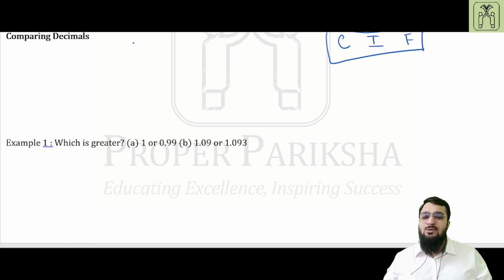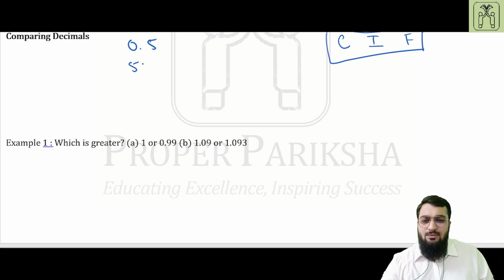So comparing decimals, how do we compare that? I will give you certain examples and then we will try comparing them. So first is 0.5, the next is 50.5, and the next will be 0.05, and the next will be 50.55.